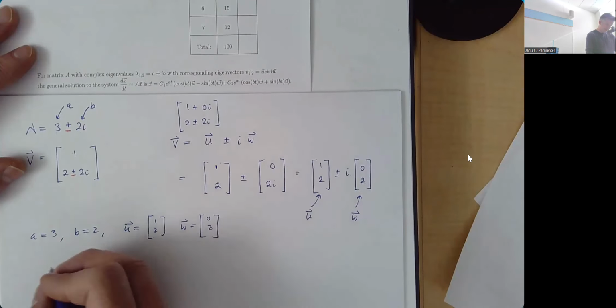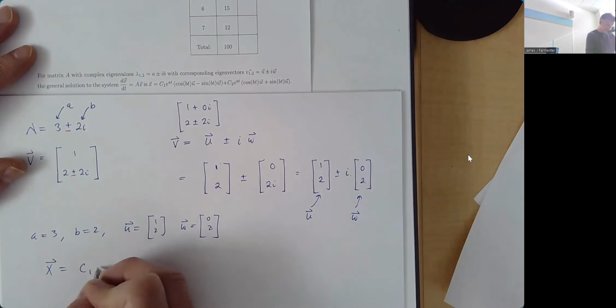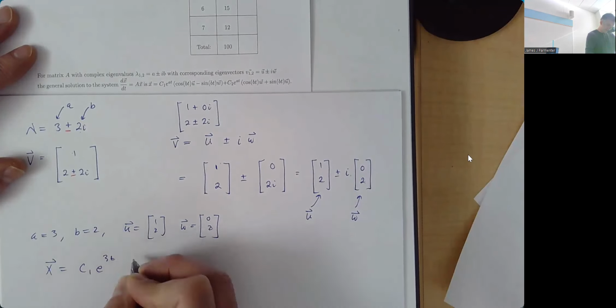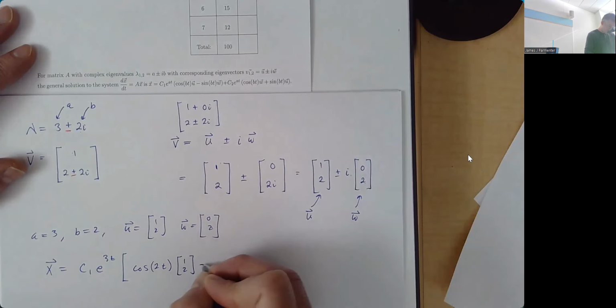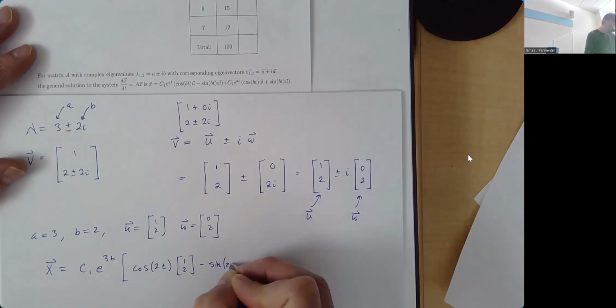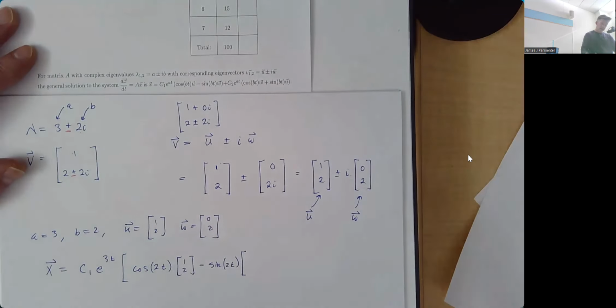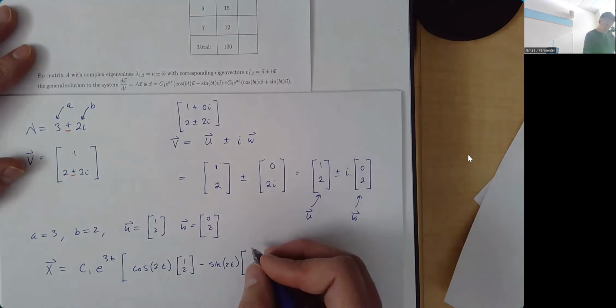So the solution is equal to C1 e to the 3t times cosine of 2t times U minus sine of 2t times W, and you don't put the i in there, it's just 0, 2.